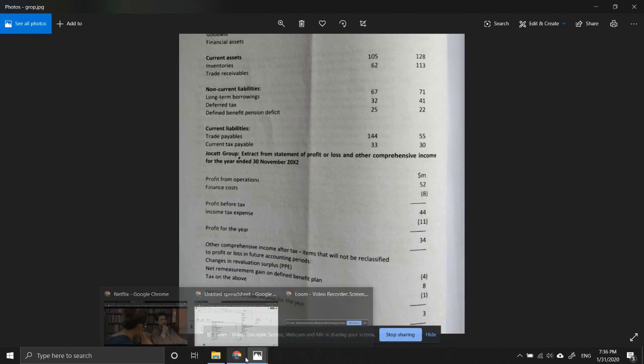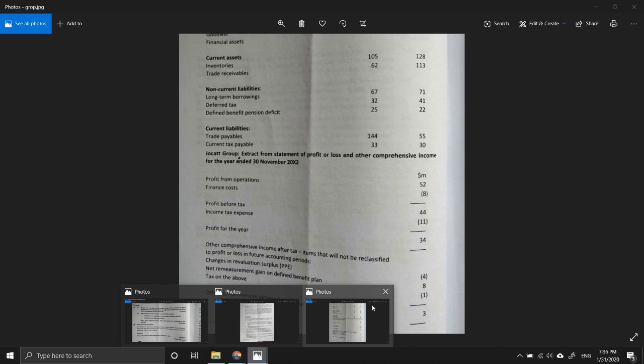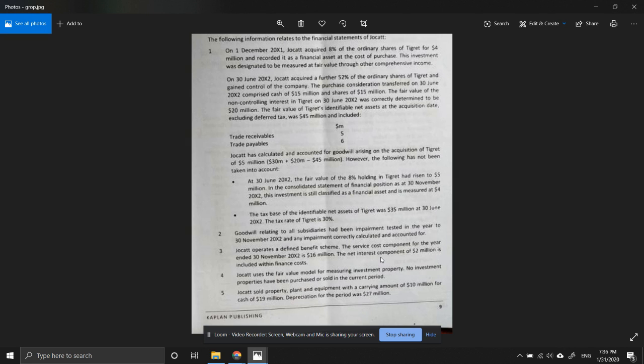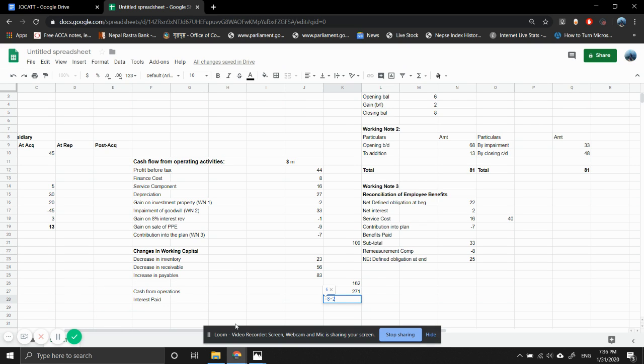So 8 minus something else. Since there has been an incurred cost of 2 million, we need to reduce that, okay? So minus 8 plus 2, minus 6. And then tax paid.